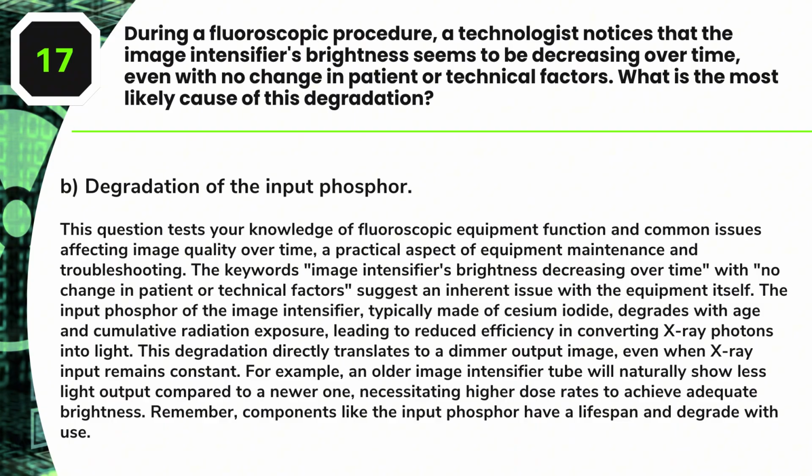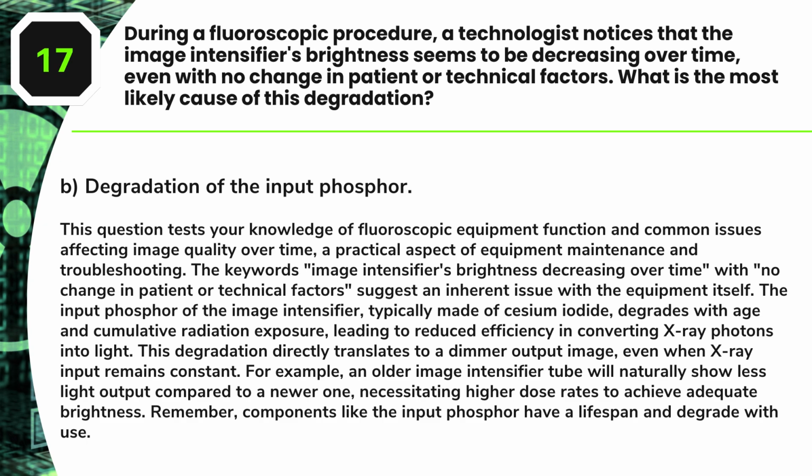The keywords image intensifier's brightness decreasing over time with no change in patient or technical factors suggest an inherent issue with the equipment itself. The input phosphor of the image intensifier, typically made of cesium iodide, degrades with age and cumulative radiation exposure, leading to reduced efficiency in converting X-ray photons into light.